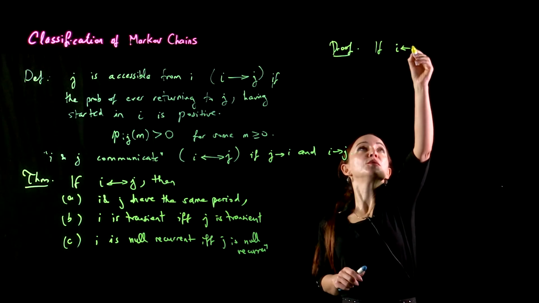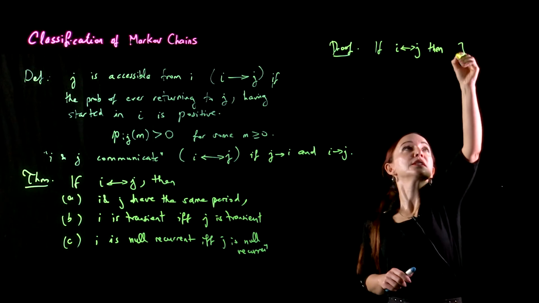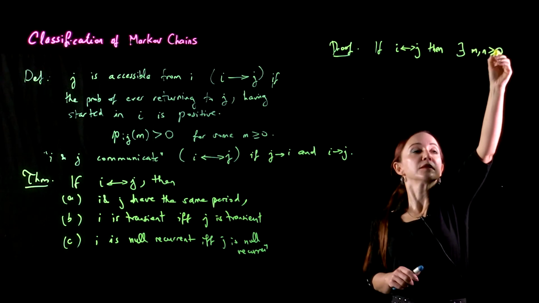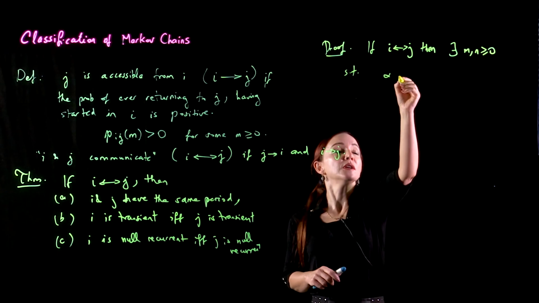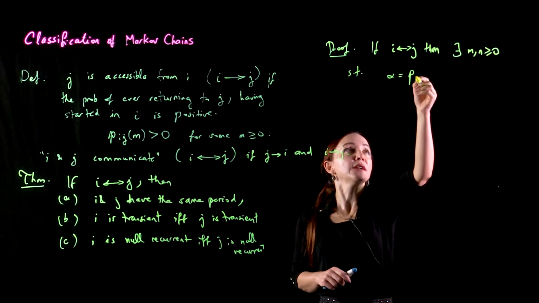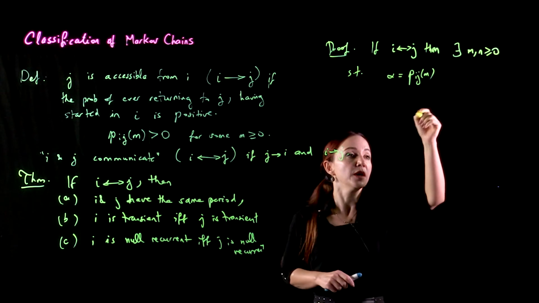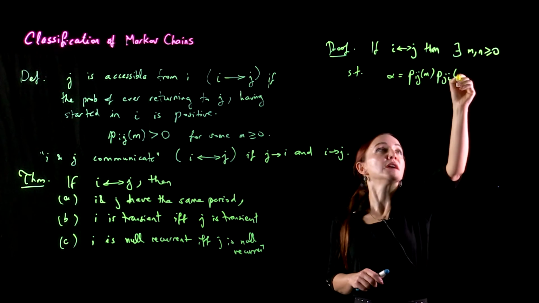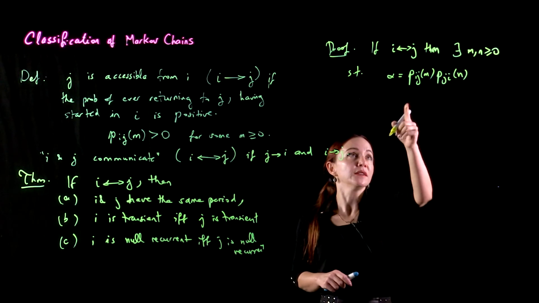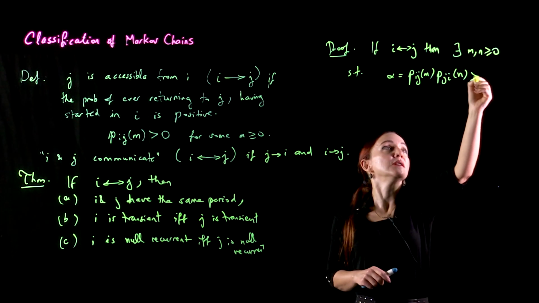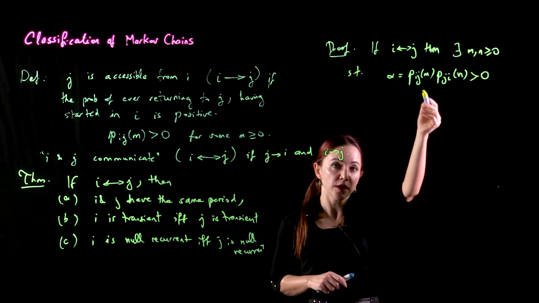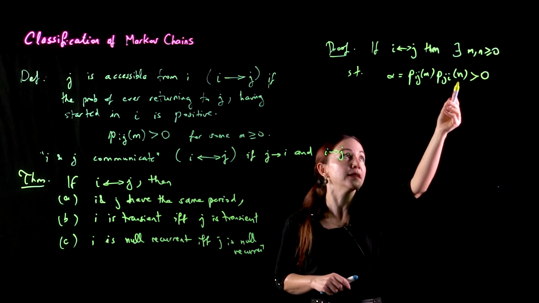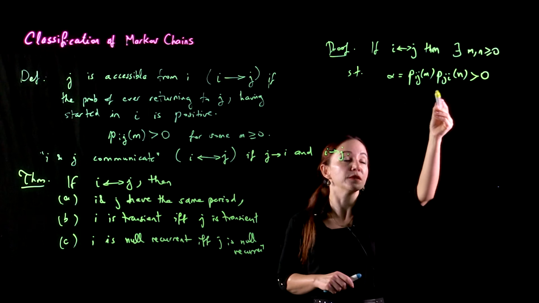If I and J communicate, then there exist some M and N greater than or equal to 0 such that we can take the product of Pij of M and Pji of N, and this product will be equal to some non-zero value alpha, because there's a positive probability of going from I to J in M steps, and there exists an N such that I can get from J to I in N steps with non-zero probability.